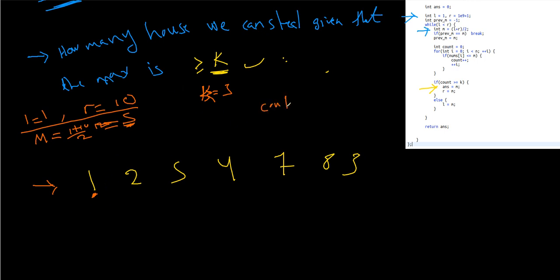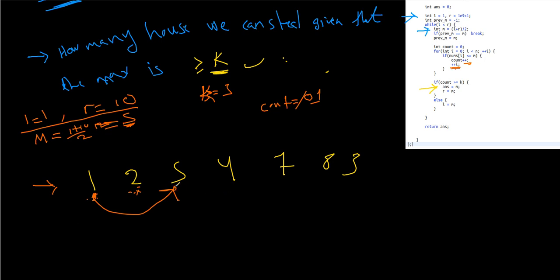So we have count, which is initially 0. 1 is less than 5, we increase it by 1. Then we cannot steal this one because it's adjacent to the first house. Then we need to move to the next one, and this is what we are doing here, so we increase the count and we do plus i.